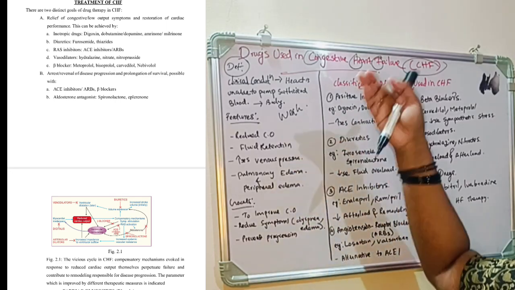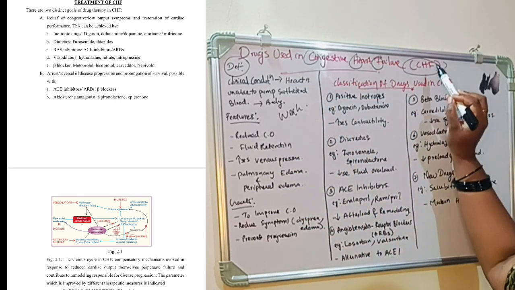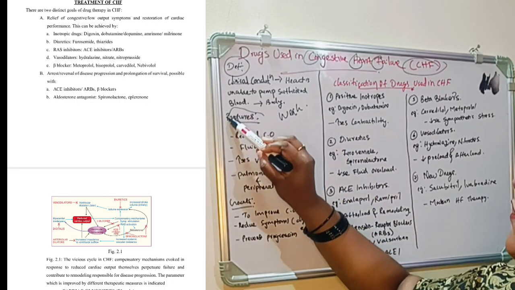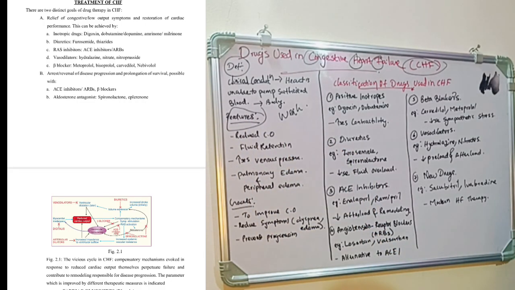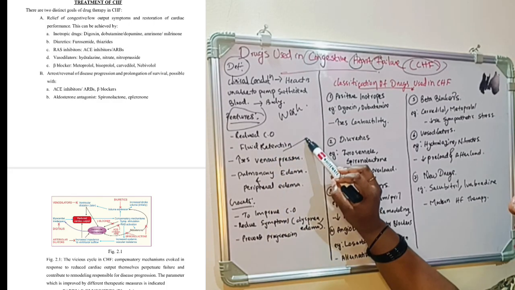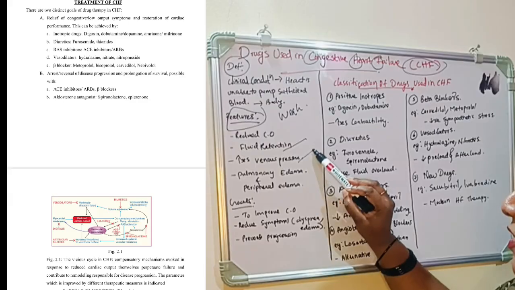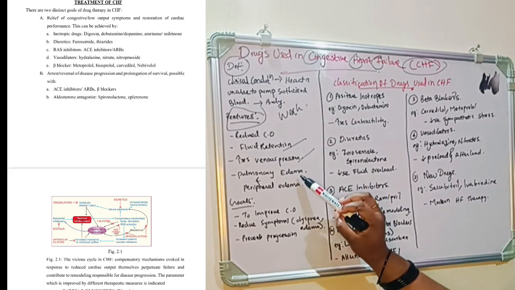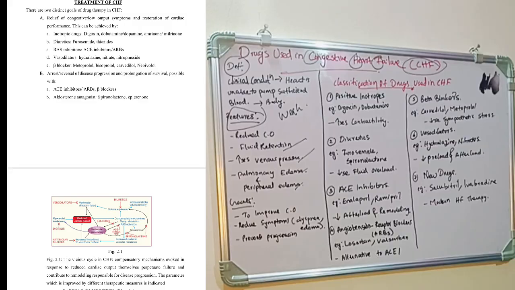To improve that, we will use congestive heart failure drugs. The main features of CHF are reduced cardiac output, fluid retention, increased venous pressure, and pulmonary edema and peripheral edema.